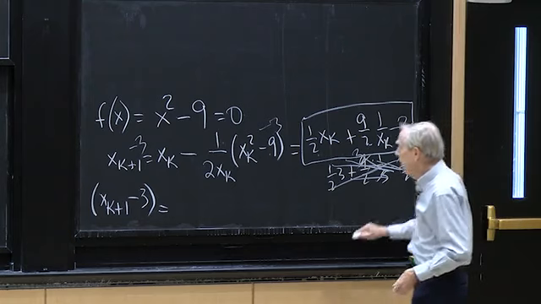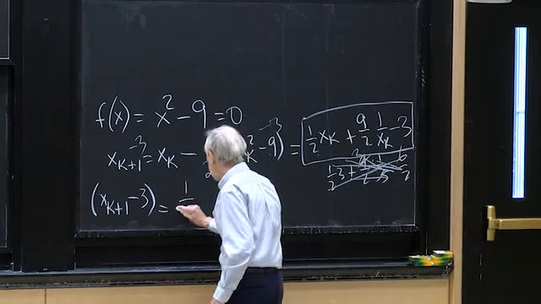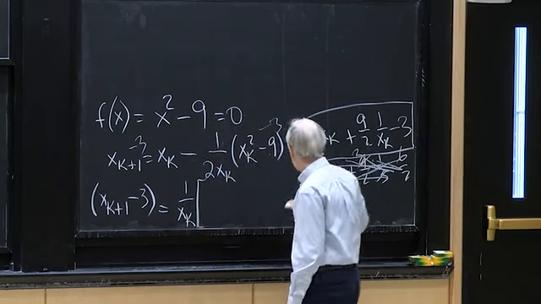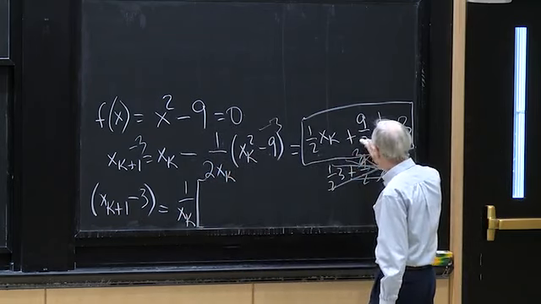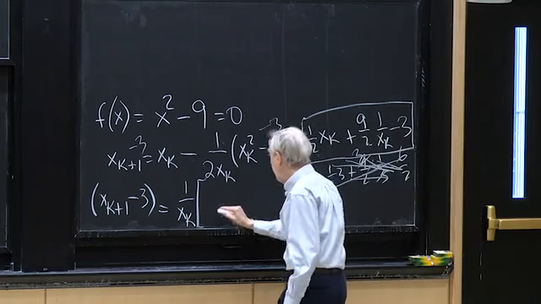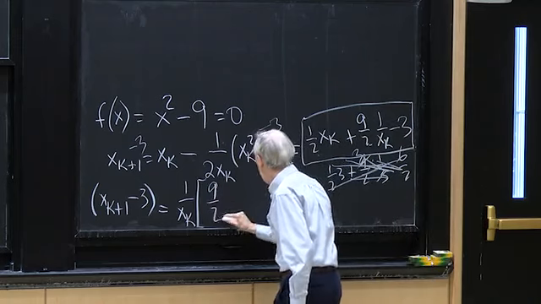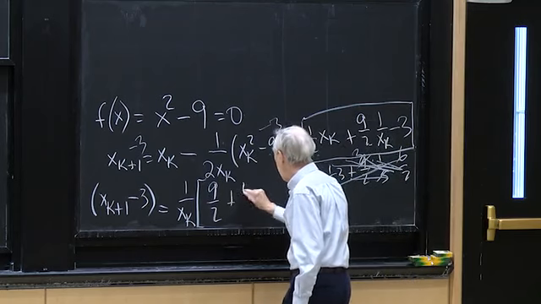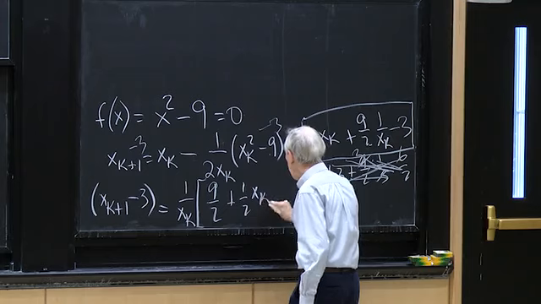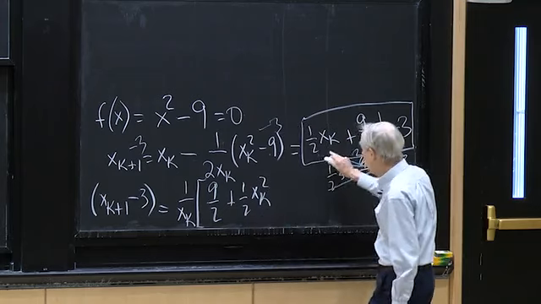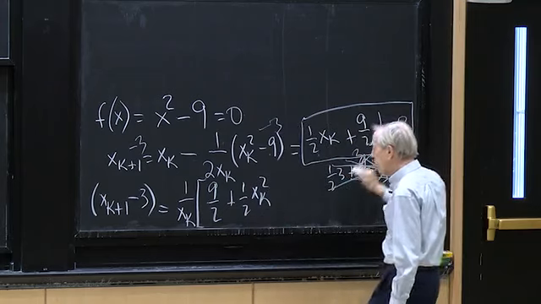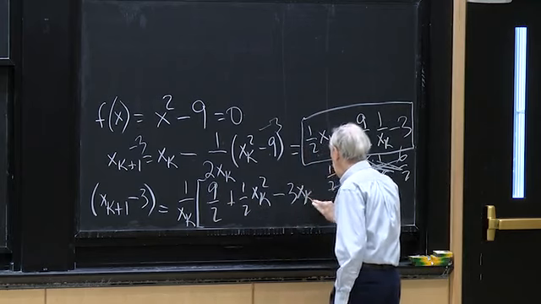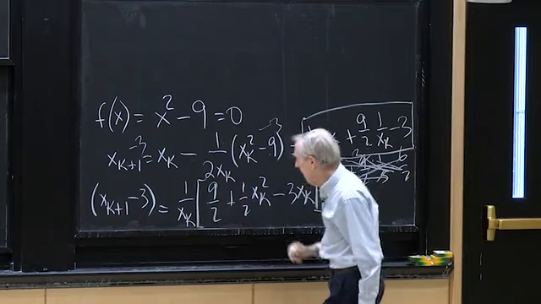Let me factor out the 1 over xk. So what do I have then left? 1 over xk. So there's a 9 halves from there. 1 over xk, so I really have a half of xk squared, because I've divided by an xk. And this minus 3, I better put minus 3xk, because I'm dividing by the xk.